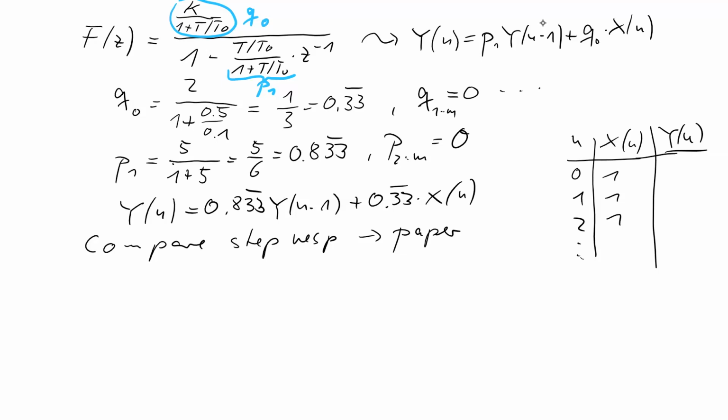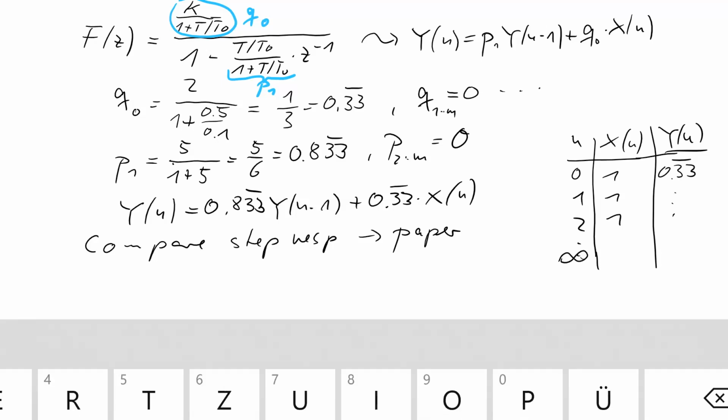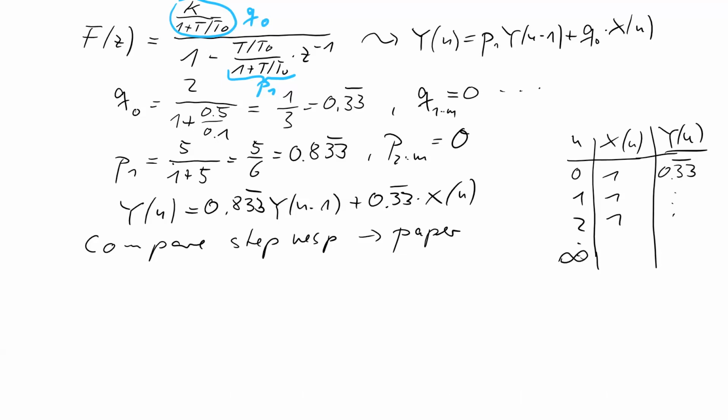The first element y of 0 is any time the q with the lowest number, so this is 0.33 repeated, and so on. And the final value is interesting. We need the DC gain of our filter. Compare step response, see paper page 29.